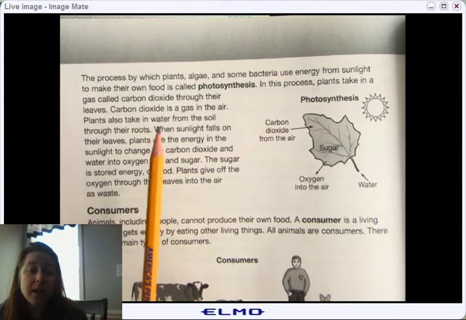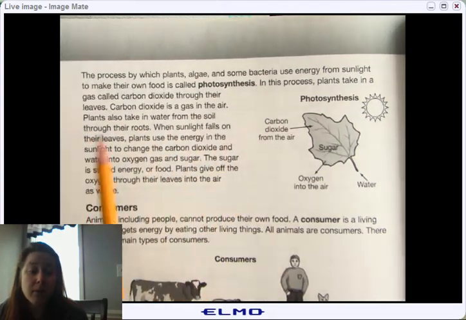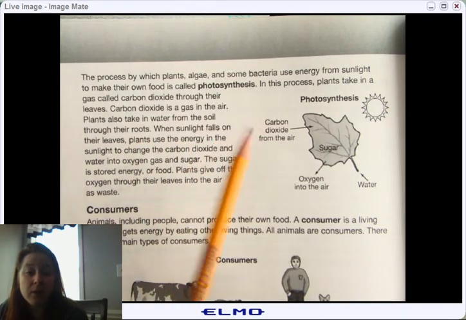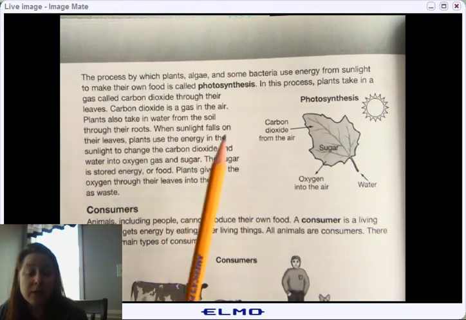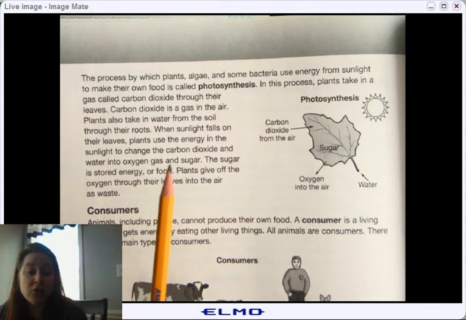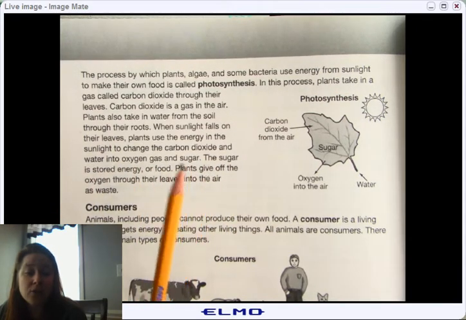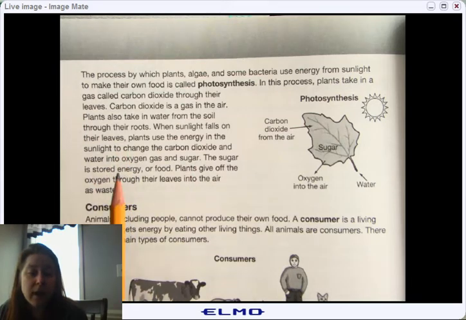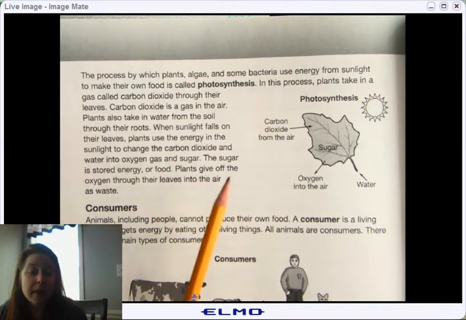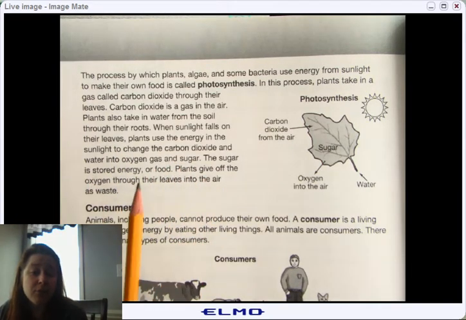Plants also take in water from the soil through their roots. When the sunlight falls on their leaves, plants use the energy in the sunlight to change the carbon dioxide and water into oxygen gas and sugar. The sugar is stored energy or food. Plants give off the oxygen through their leaves and into the air as waste.